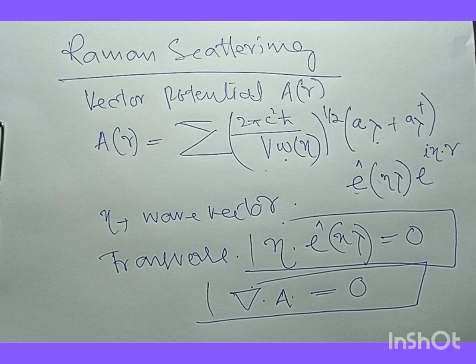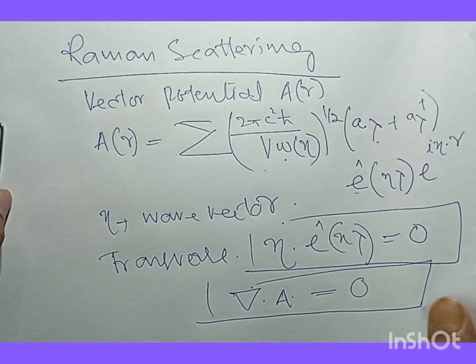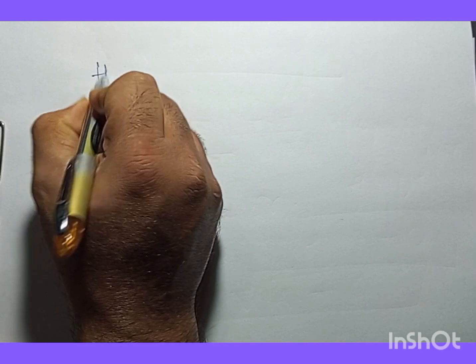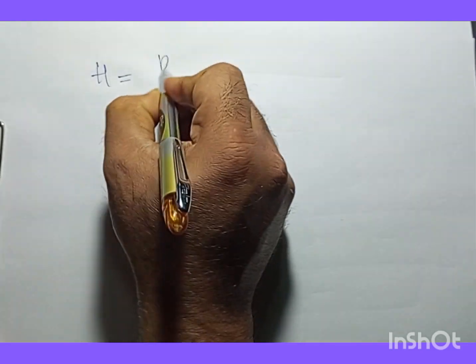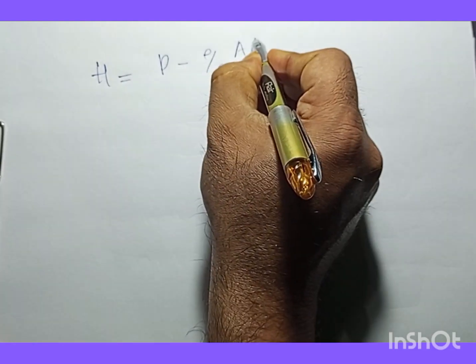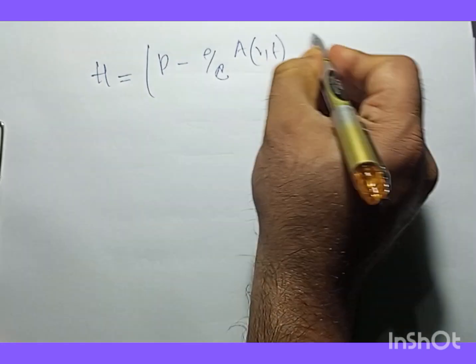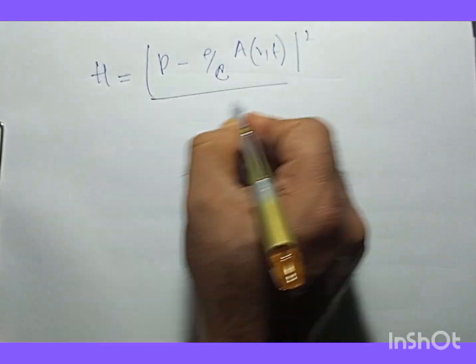If we write down the Hamiltonian for this interaction between the electromagnetic radiation and the matter, the Hamiltonian is (P minus e by c A as a function of R and T) whole squared divided by 2m.